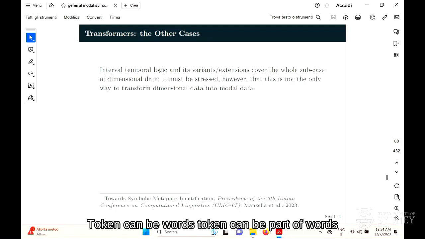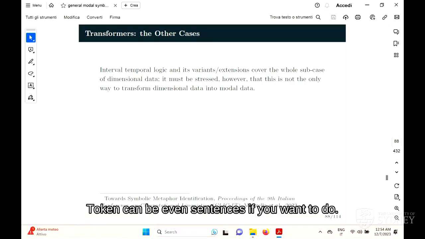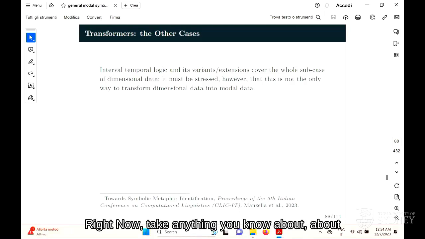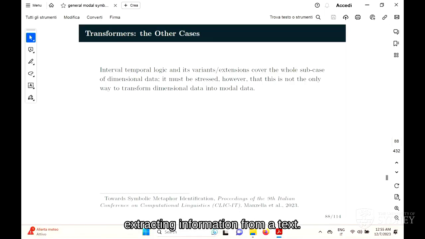Tokens can be words, tokens can be parts of words, tokens can even be sentences if you want. Usually we take a word as a token, all right? So you can put them in a linear order, and you get word 1, word 2, word 3, word 6, right? Now take anything you know about extracting information from a text.